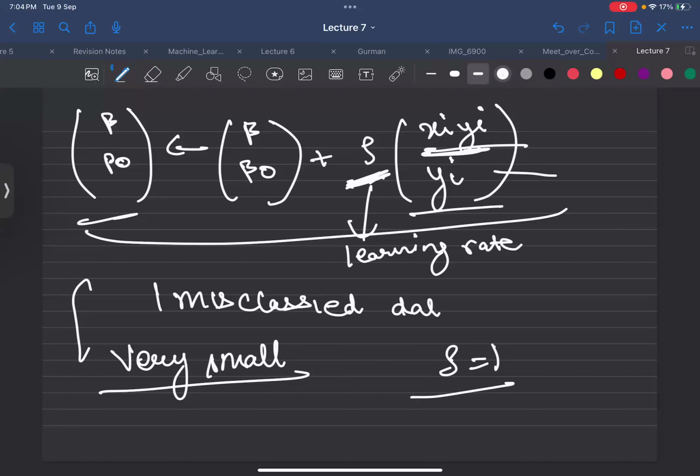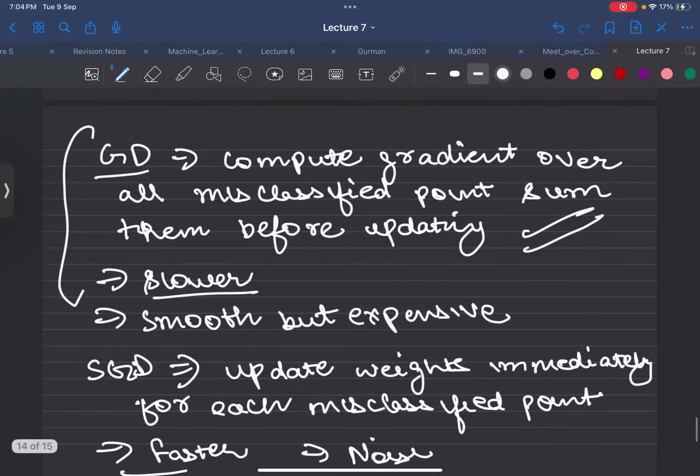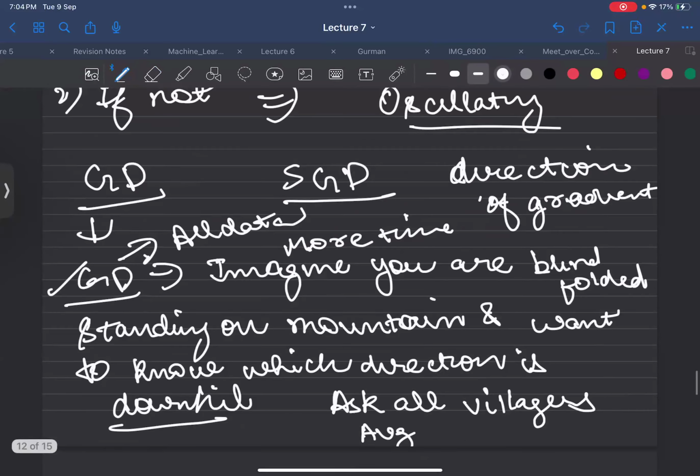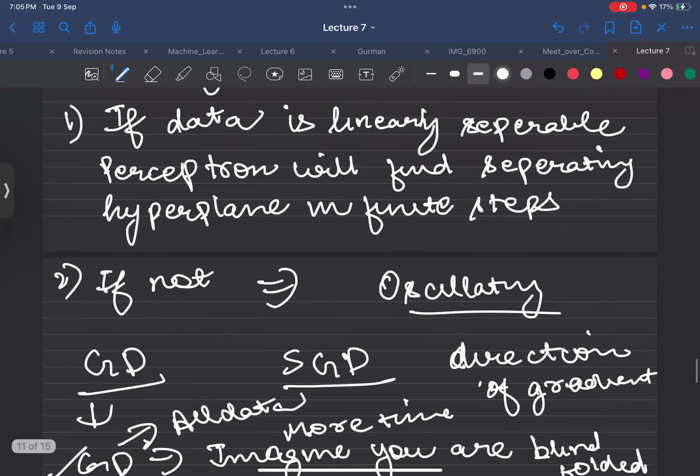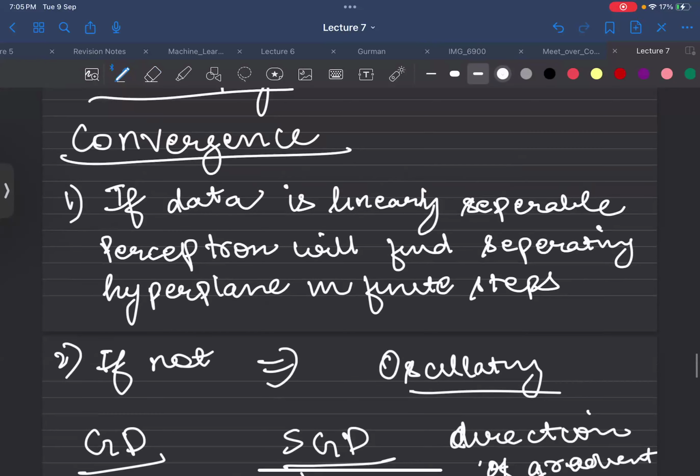Usually in perceptron learning, we have observed in experiments that delta equal to +1 does work fine. And coming to your question, Yashwant. If data is linearly separable, perceptron will find a separating hyperplane in finite steps, which means it is very efficient when there is a line which can divide the two classes.